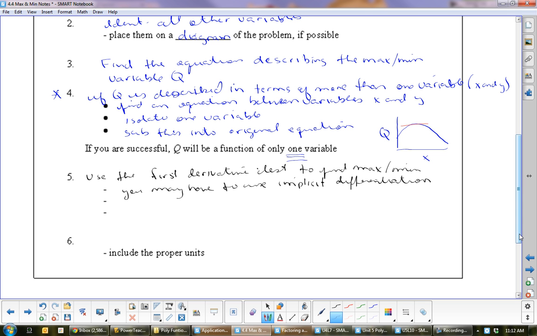And then you find, sorry, this should be the second one. Find the critical values. That's where Q prime equals 0. Because when slope equals 0, that is when it's a max. And then you find max or min. And then good old 6 is state your answer in words.